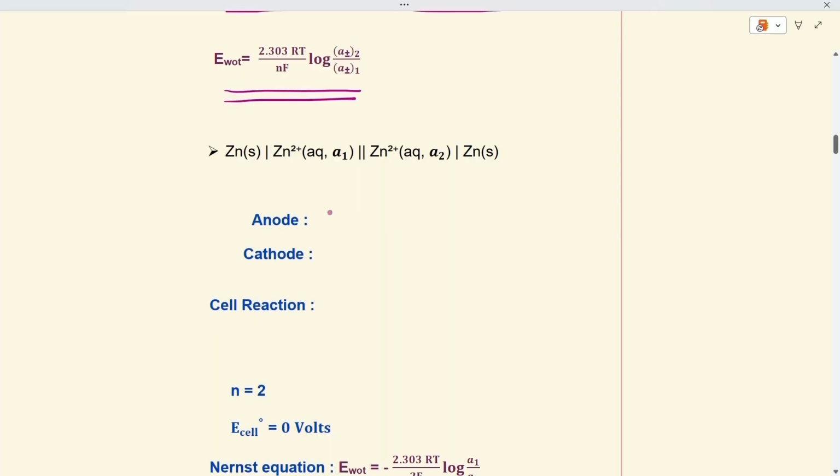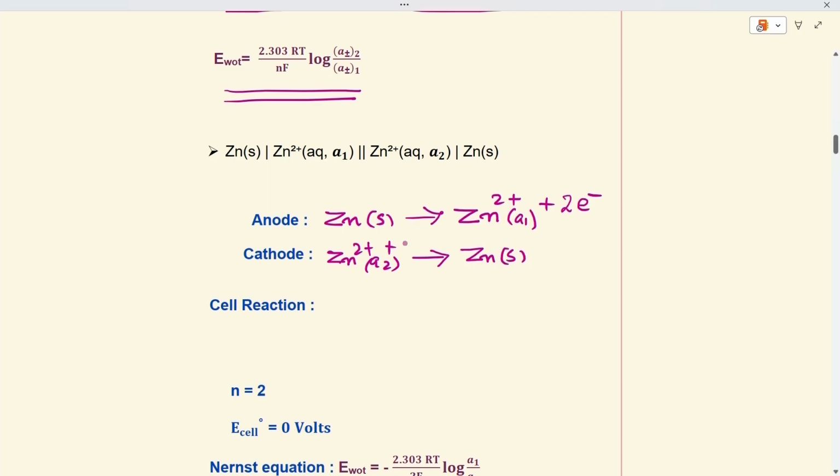Okay. Now, let us go for another one, that is a metal in contact with metal ions. The anodic reaction, that is oxidation: zinc solid gives Zn2 plus of activity A1 plus 2 electrons. In the cathodic compartment, Zn2 plus ions of activity A2 get converted into Zn solid by taking up 2 electrons.